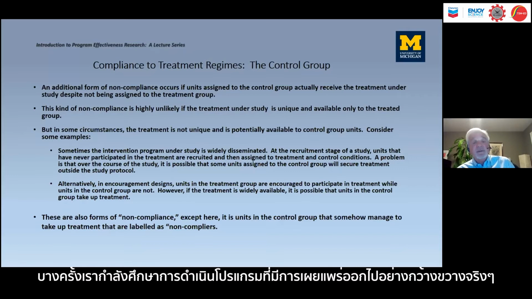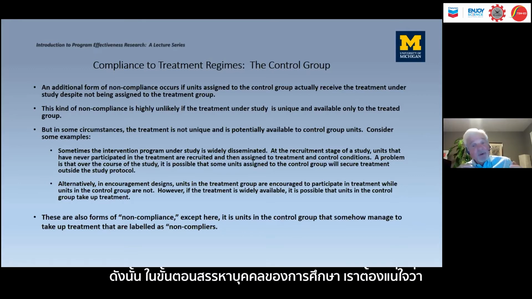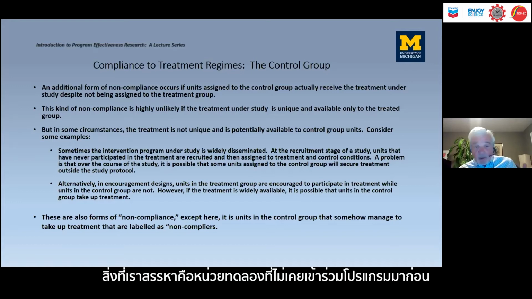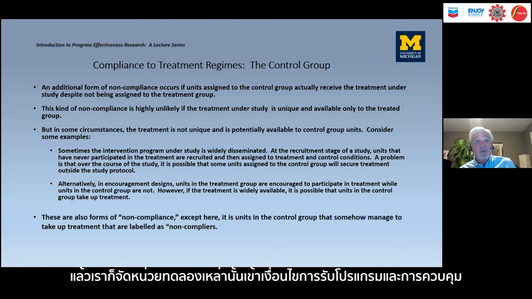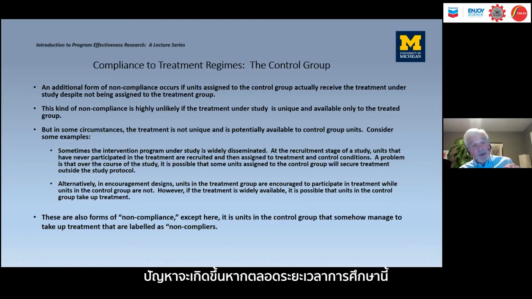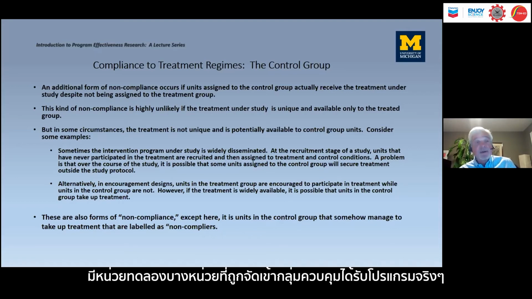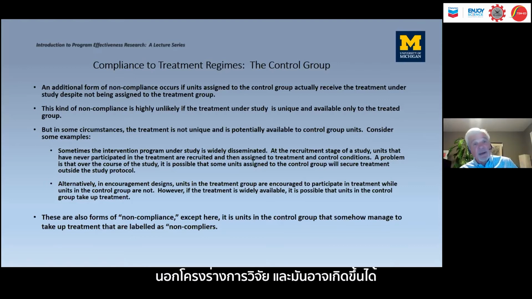Sometimes we are studying intervention programs that are actually widely disseminated. So at the recruitment stage of a study, we make sure that what we recruit are units that have never participated in the treatment, and then we assign those units to treatment and control. A problem occurs if over the course of the study, some of the units assigned to the control group actually secure treatment outside the study protocol, and that can happen.